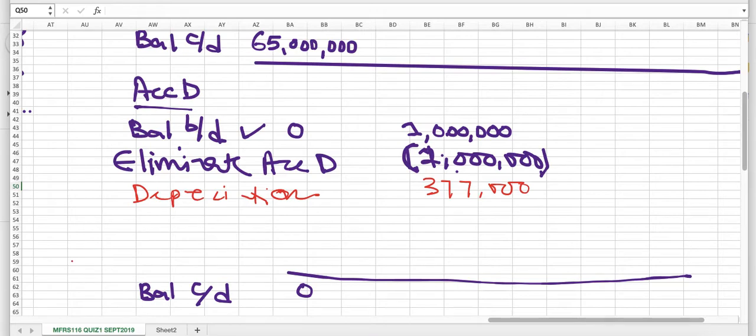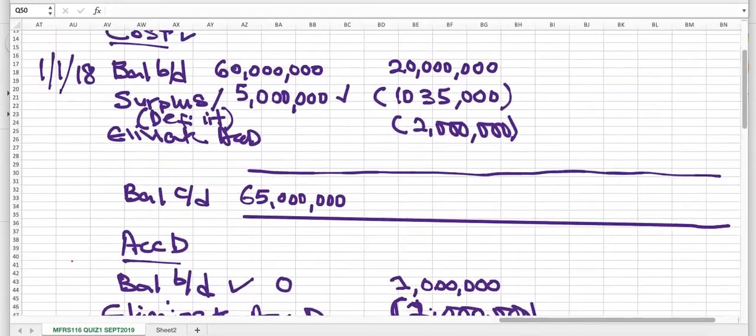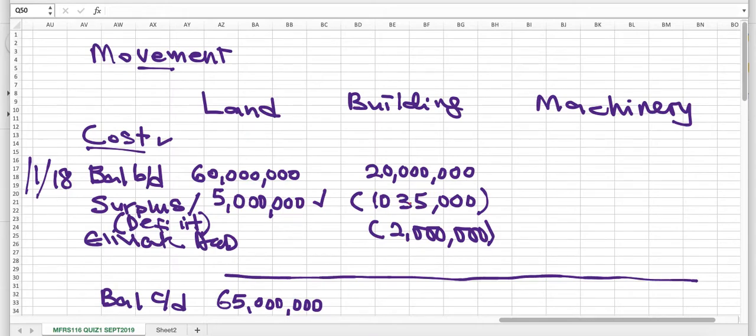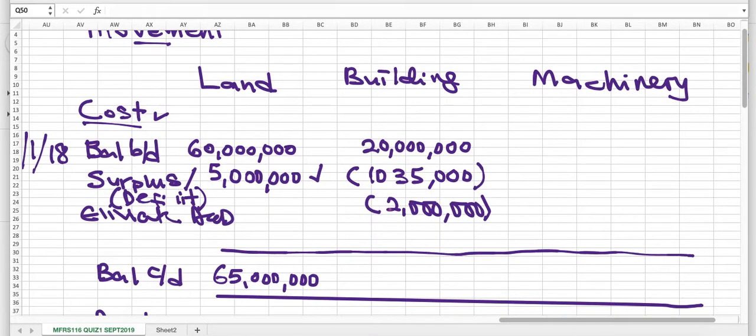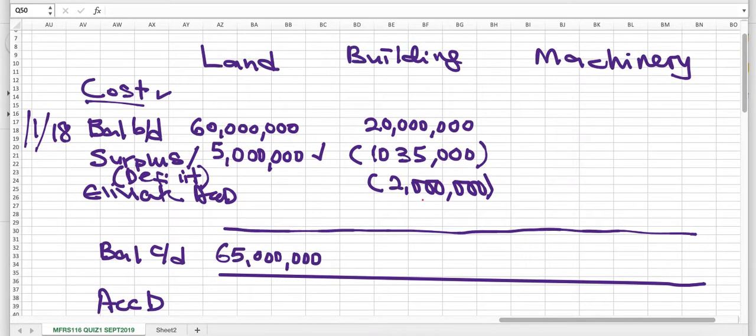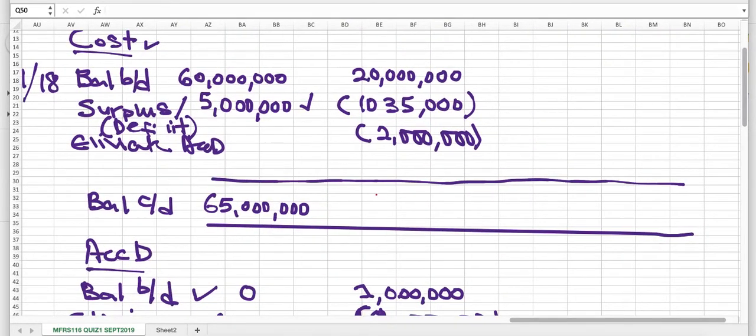Okay, that is depreciation. So that's it for the building. So you add up on the cost part, 20 million less 1035, you eliminate the accumulated depreciation. So the balance c/d of the building at the end of the year is 16,965,000.